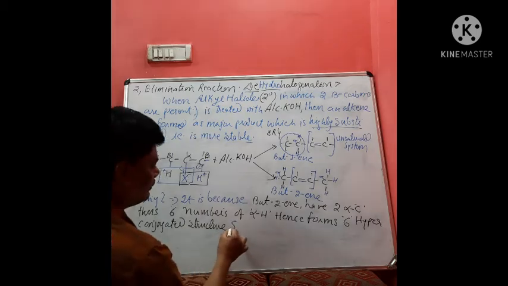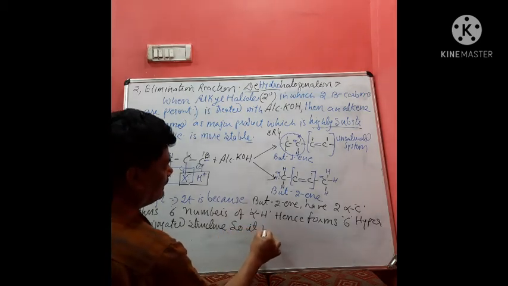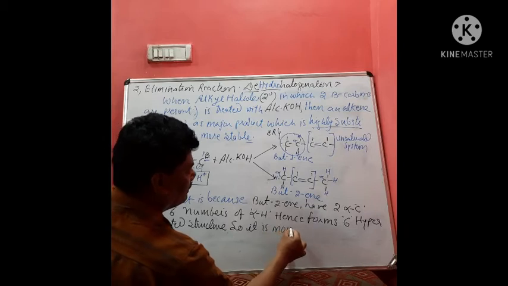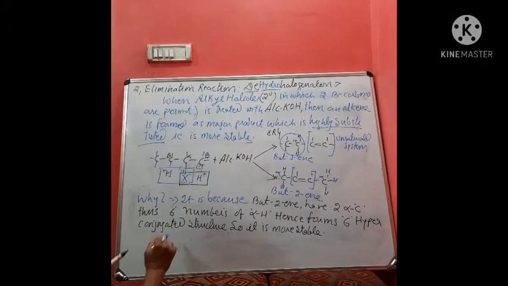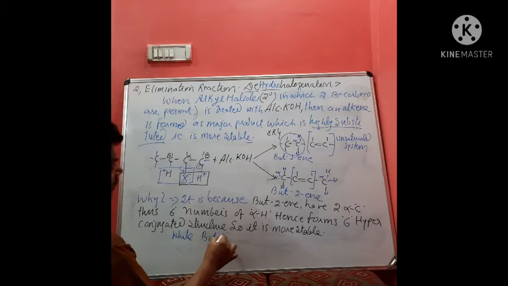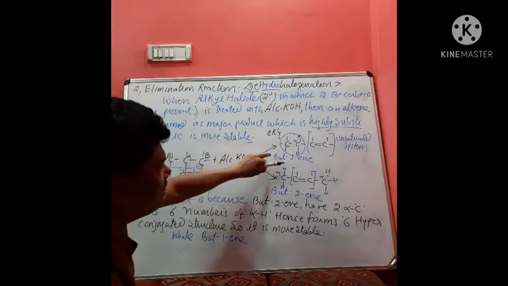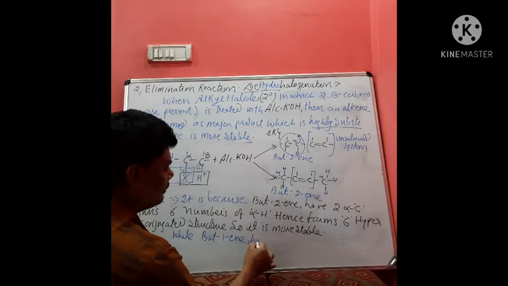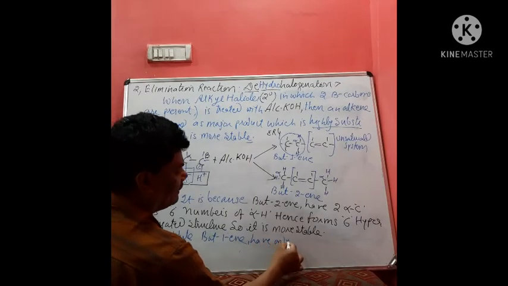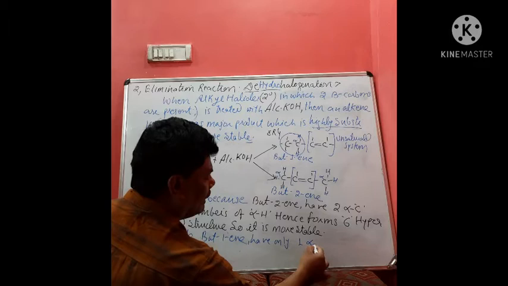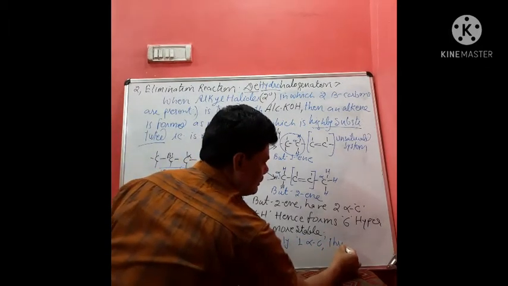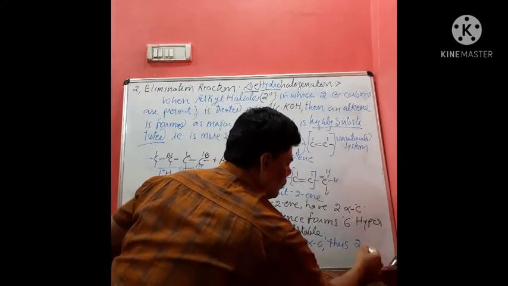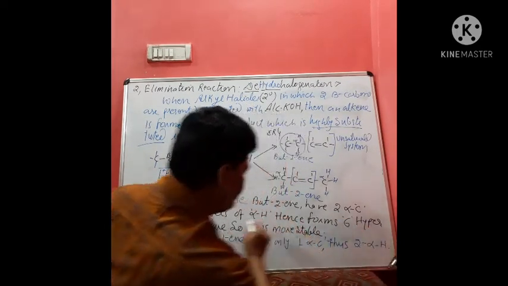Okay, so it is more stable. While 1-ene, that is the first compound, has only 1 alpha carbon, thus 2 alpha hydrogens.